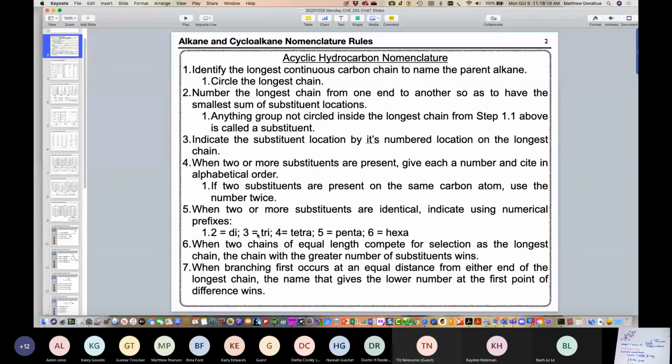So we have 3 of them, right? So we're going to use tri. See how we have 1, 2, 3. These numbers indicate the total number. So we say trimethyl. 2, 2, 7, trimethyl. Those are all the substituents on that chain.